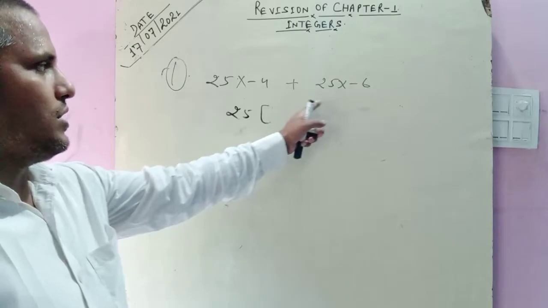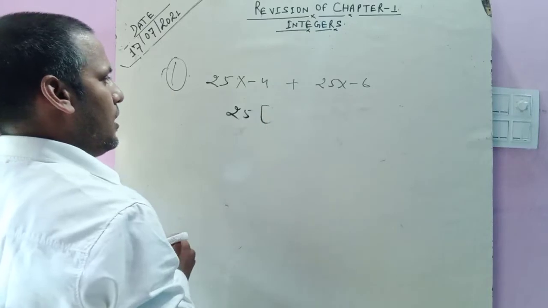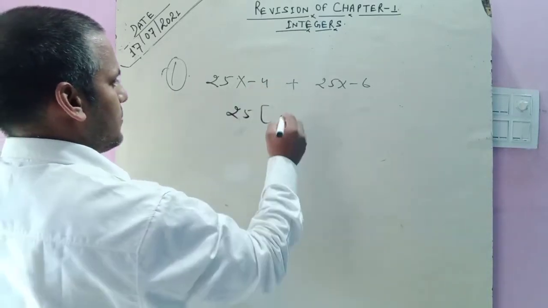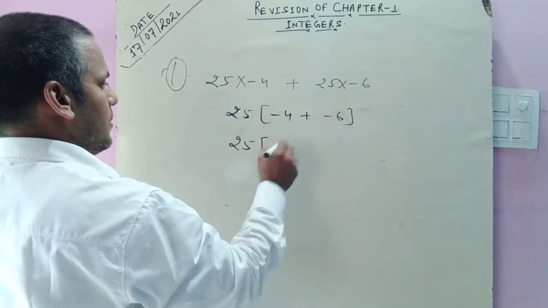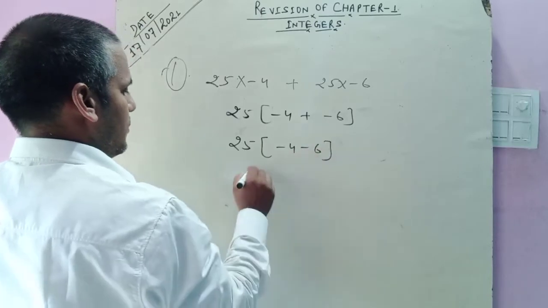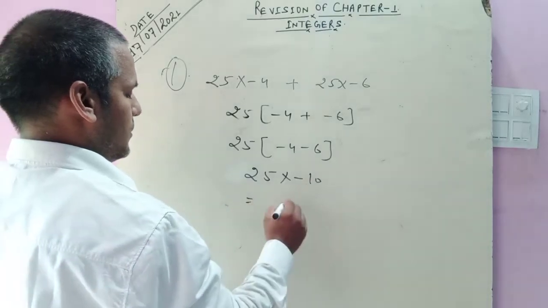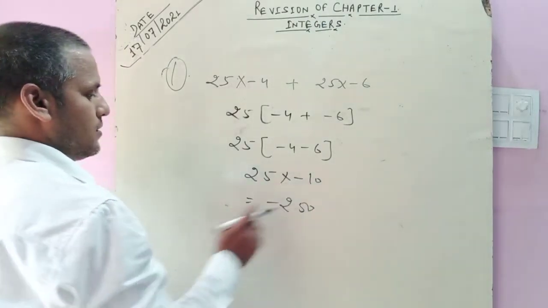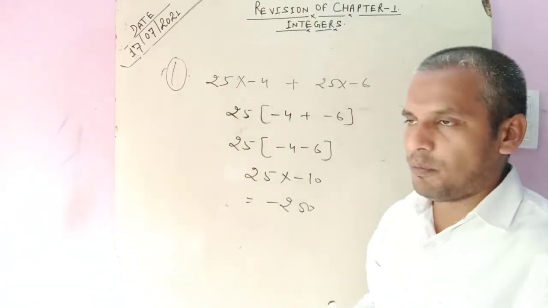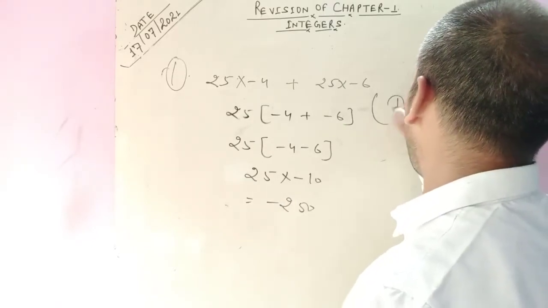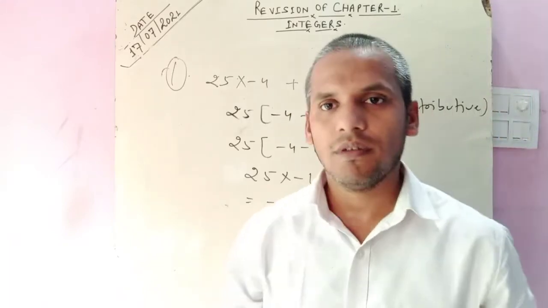We will use a bracket and use the distributive property. Taking 25 common, we get minus 4 plus minus 6, which is 25 into minus 10. If we multiply 25 into 10, we get minus 250. So we use the distributive property.